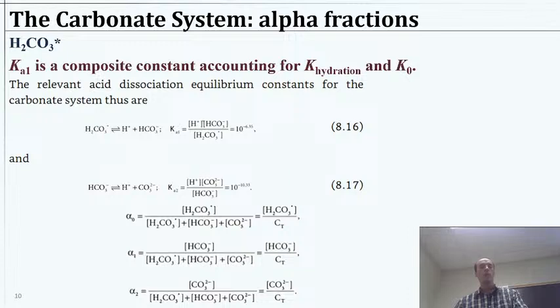So we'll have Ka1 and its products over reactants, right? So this is going to be the products of this reaction, H plus and HCO3 minus on top, divided by our H2CO3. That is neither a liquid nor a solid, so that is still there. It's not excluded or placed to 1. And we have a value. That is 10 to the minus 6.35.